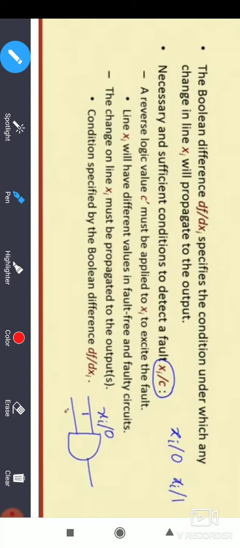The Boolean difference df by dxi specifies the condition under which any change in line xi will propagate to the output.